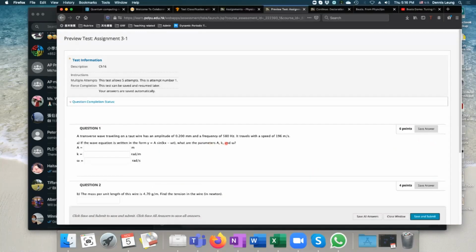And I have sent an announcement on Learn PolyU saying that for this particular question, please take A with 1 significant figure and K and omega with 3 significant figures. That is an unfortunate situation due to the limitations of the computer. The computer can only take in specific patterns of the numbers. If it is not that pattern, it does not recognize it as the correct answer.